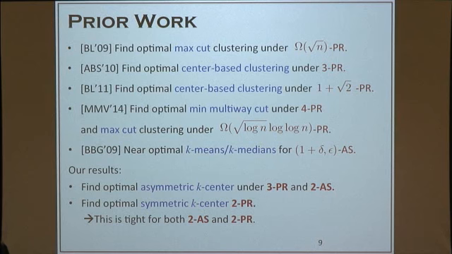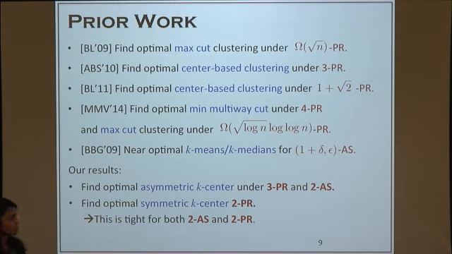In this talk, I'm going to first improve on this notion, which is the 3 PR and 1 plus square root of 2 PR. That's for the symmetric case. I'm going to show that for K-center, 2 perturbation resilience is enough. On the other hand, for asymmetric, I'm going to show that if you have 3 perturbation resilience, you can find the exact optimal solution.